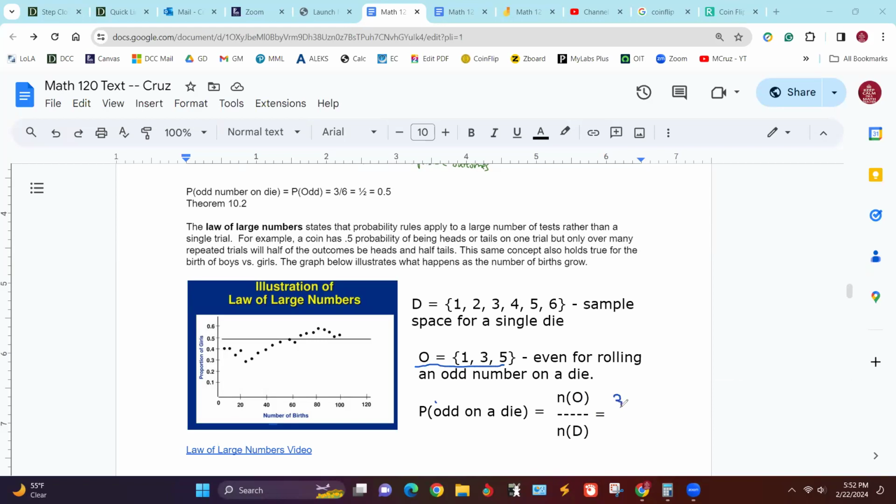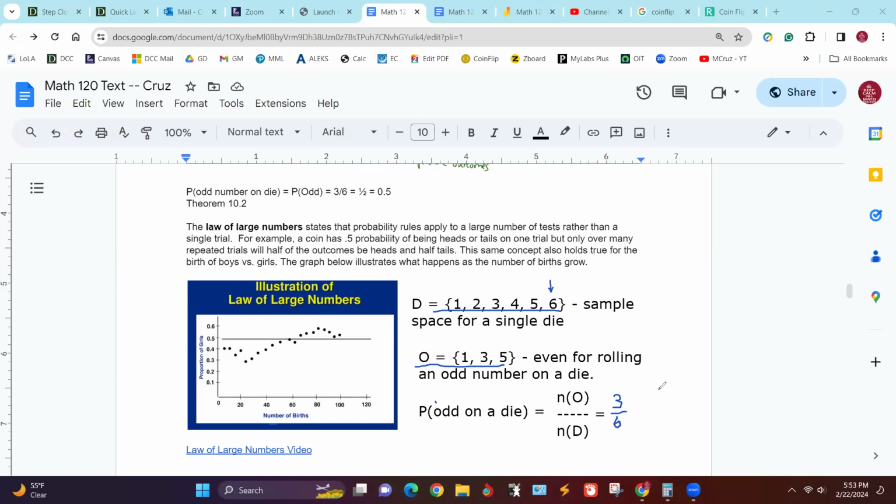And how many elements are there in D? Hey, there's a hint right there. That should be easy because what's the last number? How many numbers are there? 1, 2, 3, 4, 5, and 6.